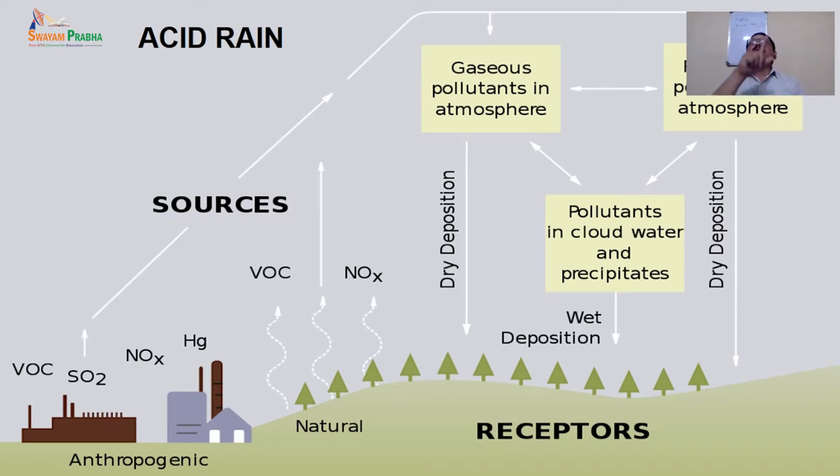They mingle with the atmospheric water vapor. They can just settle down as gaseous pollutants, which we call dry deposition, or these particulates mix with the pollutants in the cold water and precipitate down, which we call wet deposition. Acid rain can happen as a dry or a wet deposition.